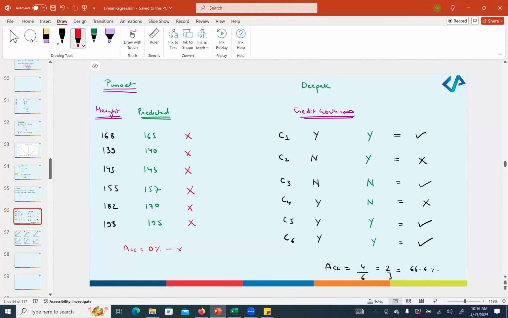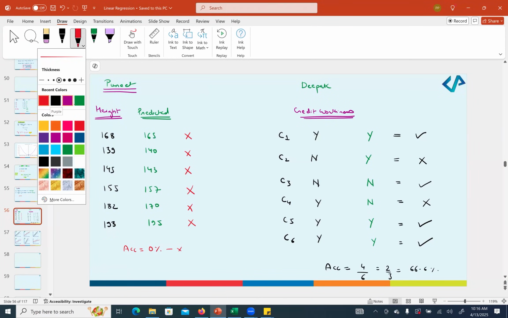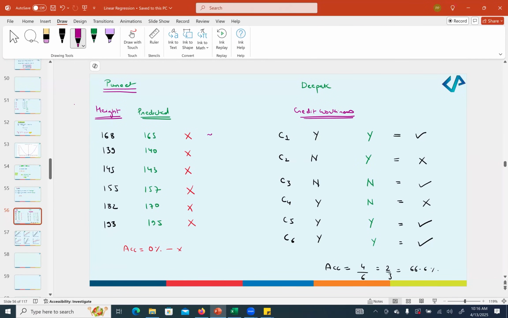The right way is to see how much your predicted value differed from the actual value. So for example, I will say that here I had an error of close to 3. Here I had an error of close to 1. Here an error of 2. Here an error of 2. Here an error of 12. Here an error of 2.